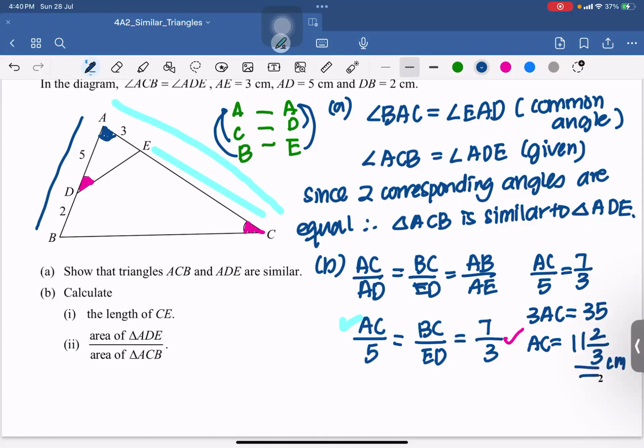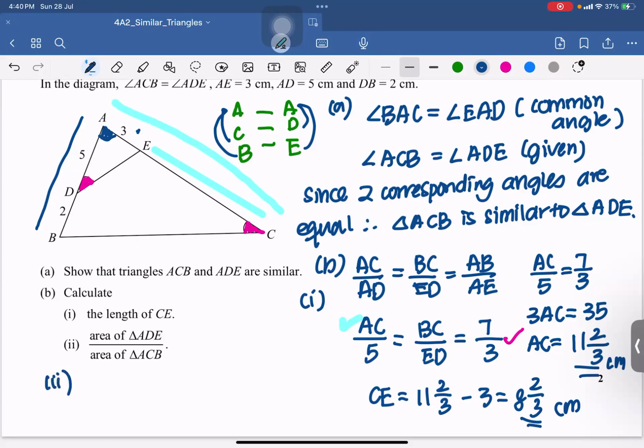I try not to round it off unless very necessary. But then if I want to find CE, I'll need to take 11 2 over 3. The whole thing is 11 2 over 3. This is given to me, 3 cm. So in order to find this portion, I need to subtract. And that gives me 8 and 2 over 3 cm. Have you gotten the answer?